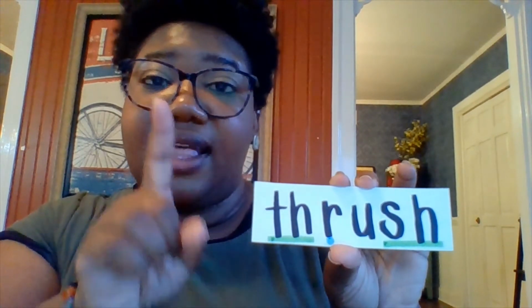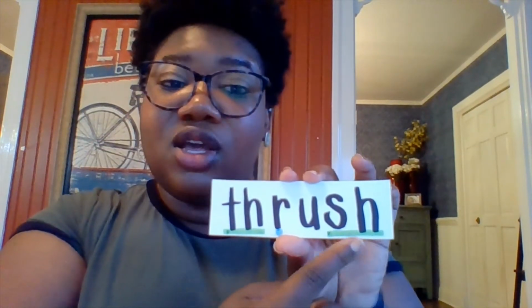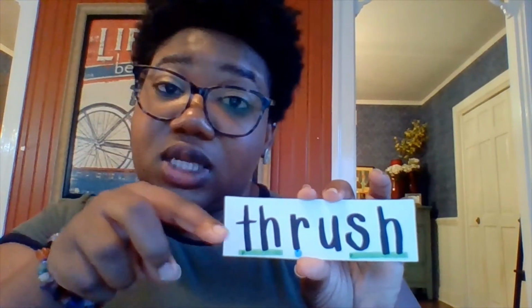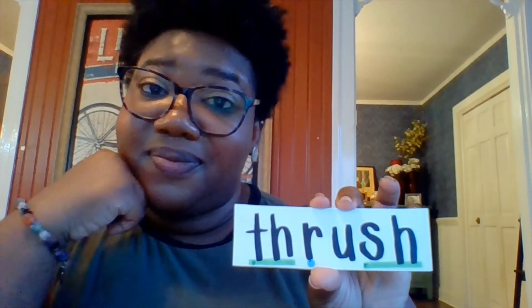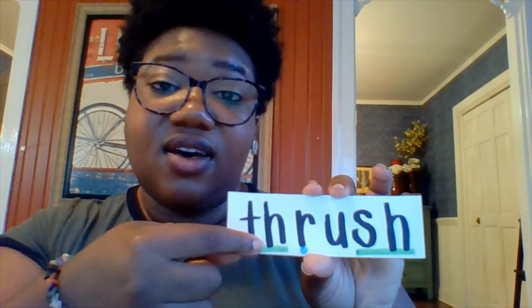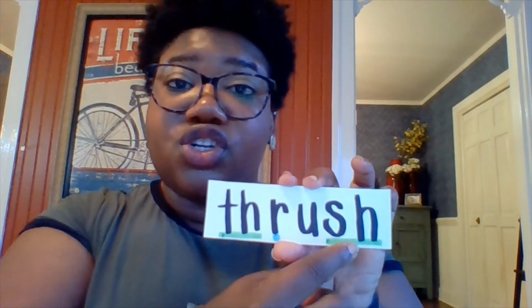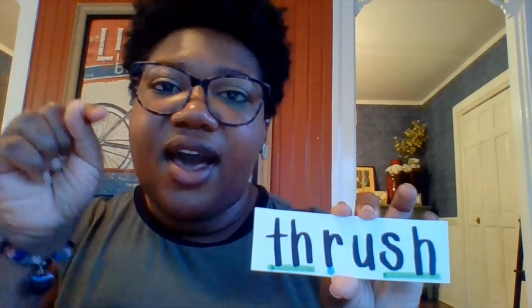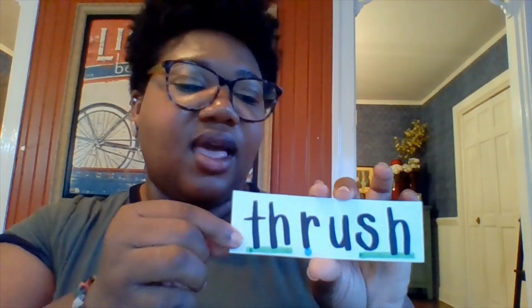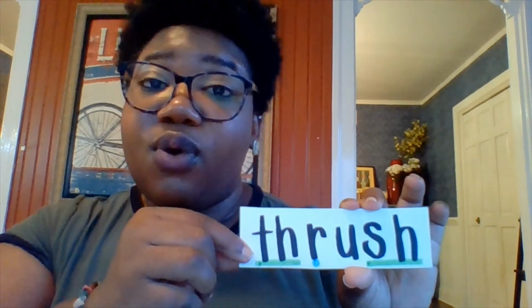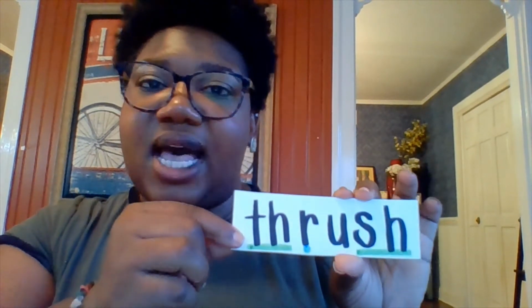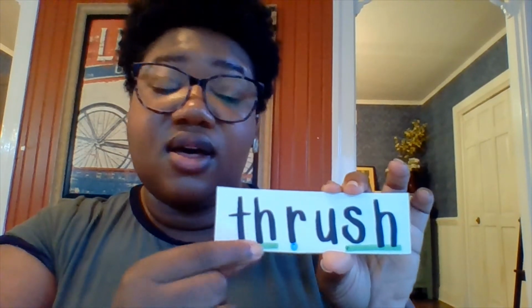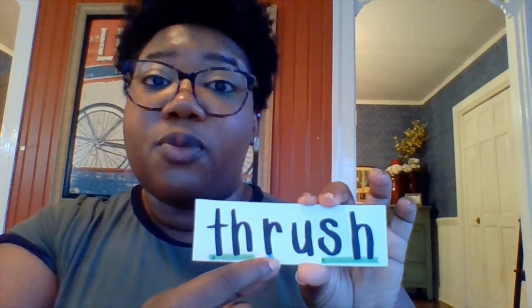Let's do one more. Find the digraph. Ooh, tricky. Th and sh. So this word has how many digraphs in it? 2. You have th and sh. So now let's figure out if it's a digraph blend or not. We are going to look for a consonant right beside the digraph. So th has r right beside it.